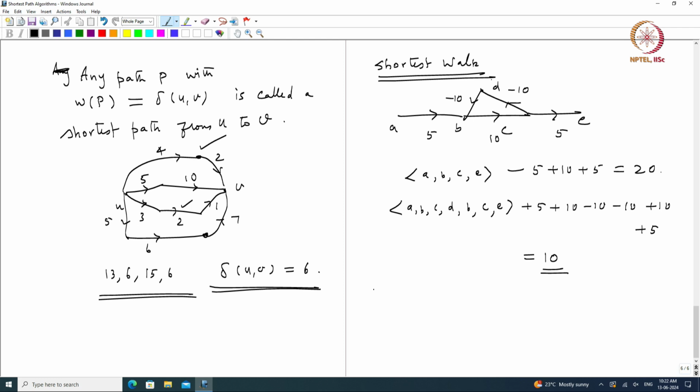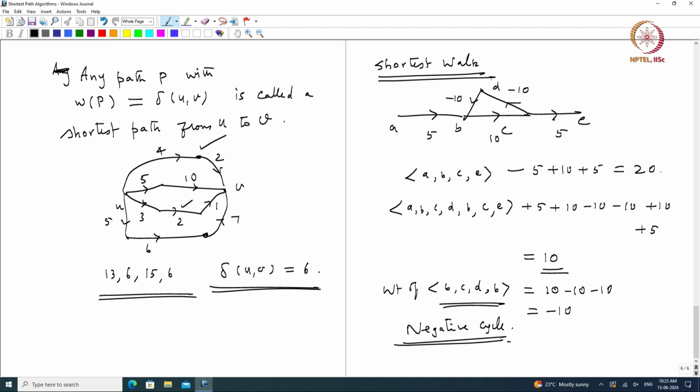But what is the weight of BCD, BCDB? The weight of BCDB is 10 minus 10 minus 10, that is minus 10. Therefore, this is a negative cycle.